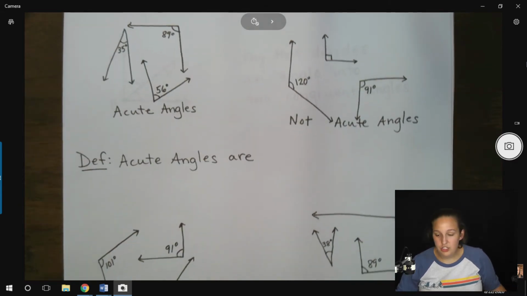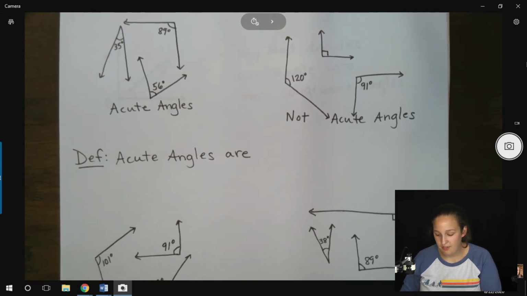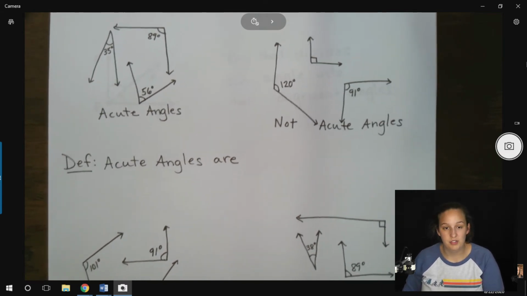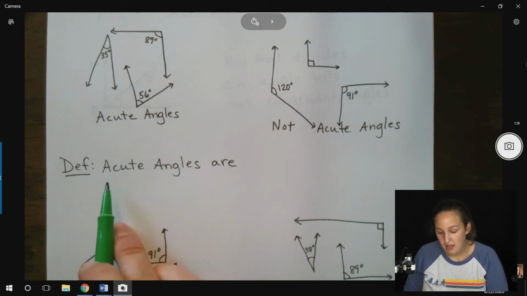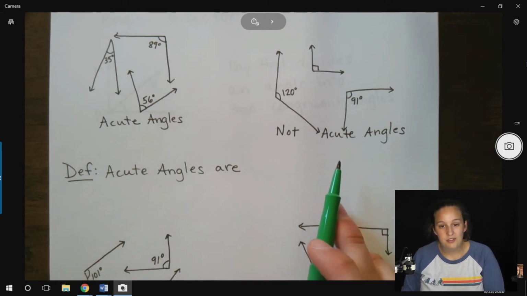All right, let's do one more together, and then I want you to come back with the obtuse one. These are examples of acute angles, and these are counterexamples, not acute angles.